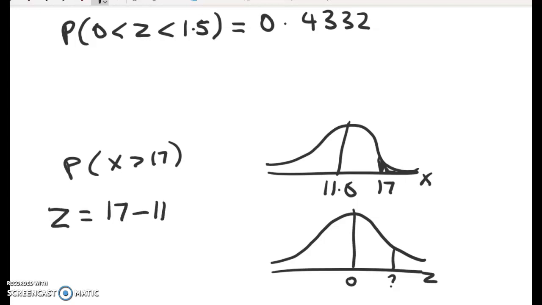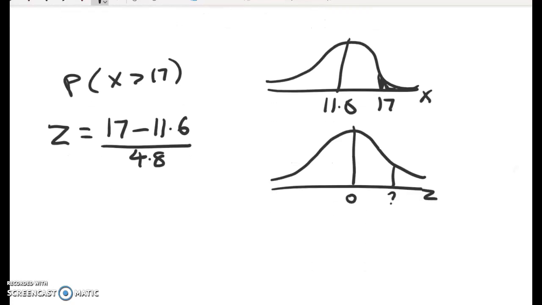So 17 take away 11.6 divided by 4.8. So that works out to be 1.125. So 17 degrees is 1.125 standard deviations above the mean.